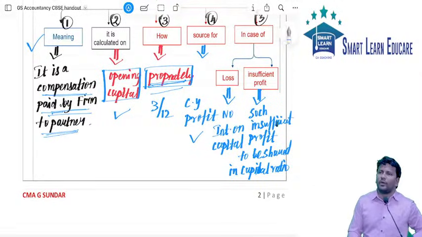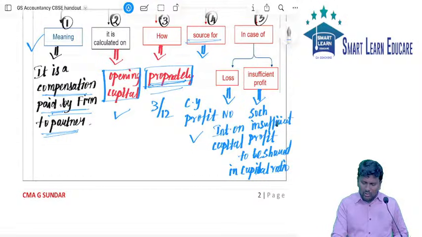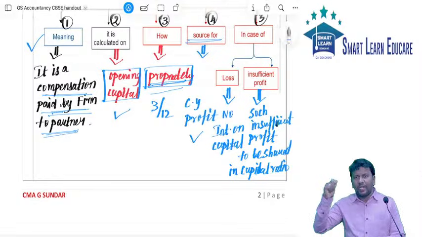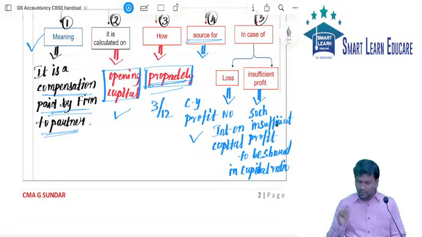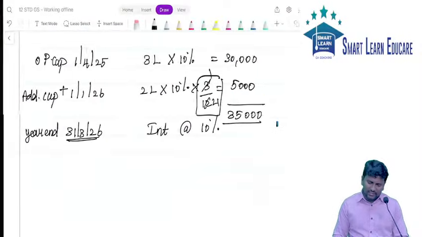One important point, many times tested in examination: what is the source for interest on capital? To pay interest on capital, what is the source? It is current year profit.